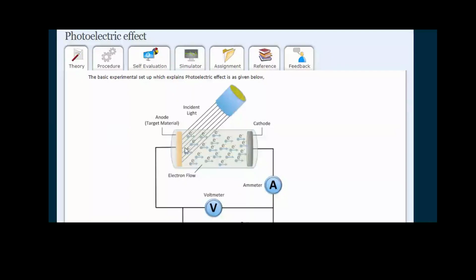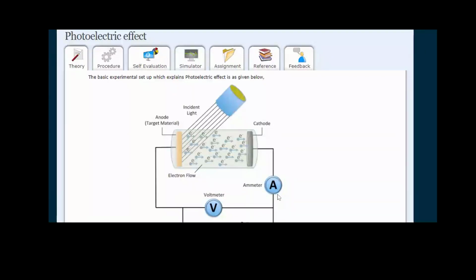If the light has sufficient energy, greater than the work function of that metal, those electrons move and reach the cathode. We are making the circuit diagram here, and we know that we connect the ammeter in series and the voltmeter in parallel, to see what voltage is applied to the discharge tube and to note down the current in this circuit.